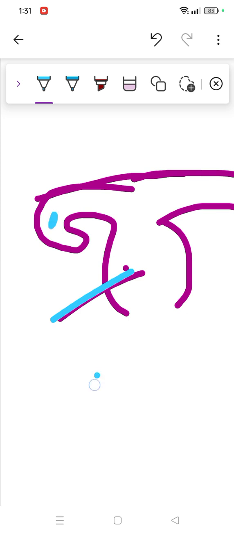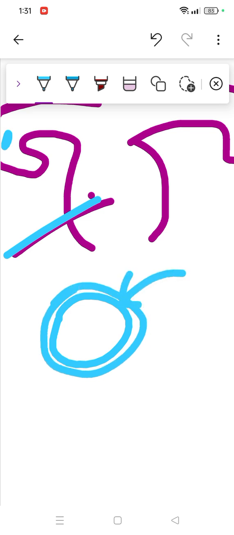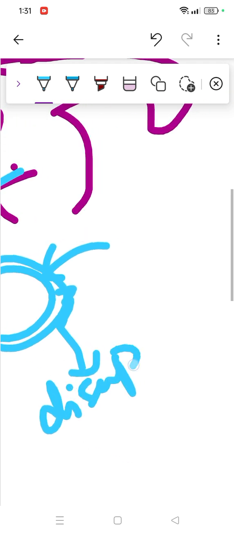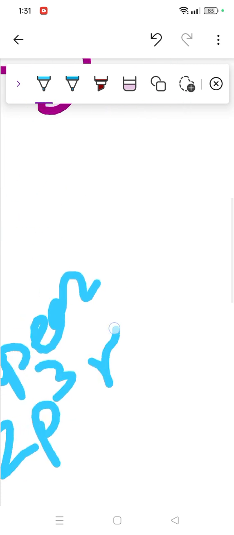If this is the structure of the ovum, outside the membrane of the ovum, if one sperm is coming, this layer will disappear. This will disappear because we have receptors called ZP3 receptors.